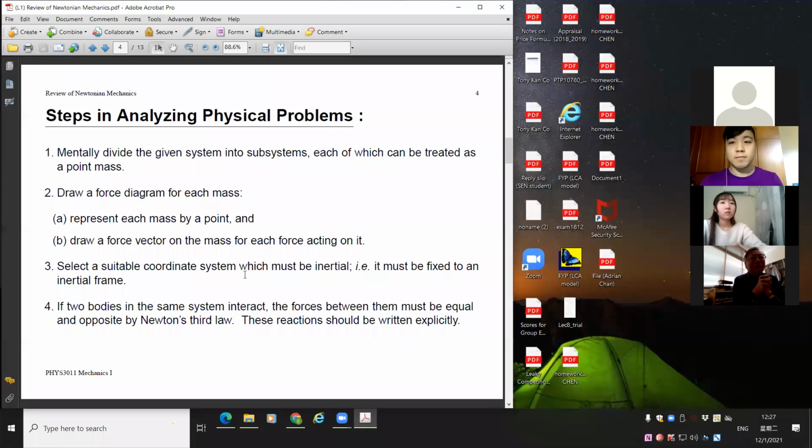Why is this important? Why must we select a suitable inertial coordinate system? Why can't we choose a non-inertial frame?